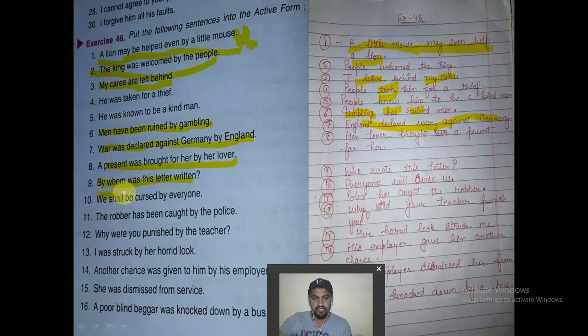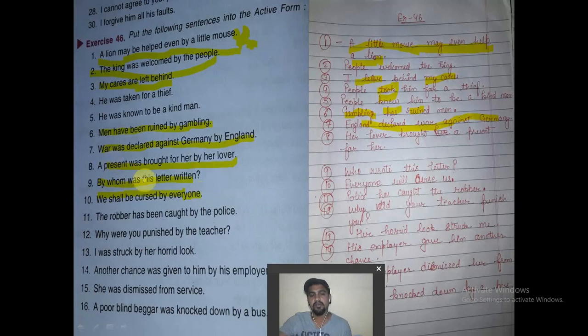Now the 10th statement: we shall be cursed by everyone. Now we see we is used. We is the first person pronoun, that is why shall is used with that. But in the answer we are not going to use shall, because everyone can be the third person. Obviously it would be used as a third person, for every single person we don't know. So with the first person pronoun we use shall, and with the third person we use will.